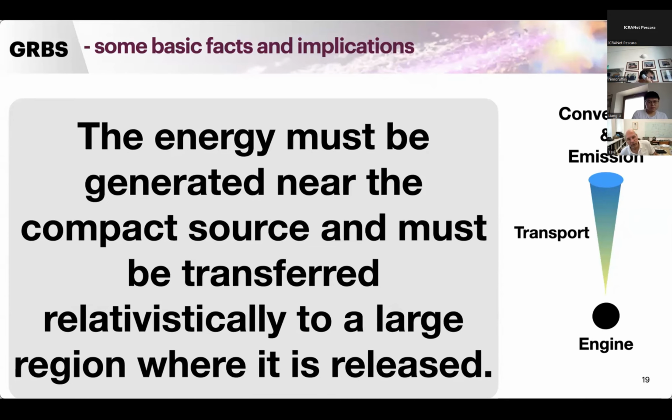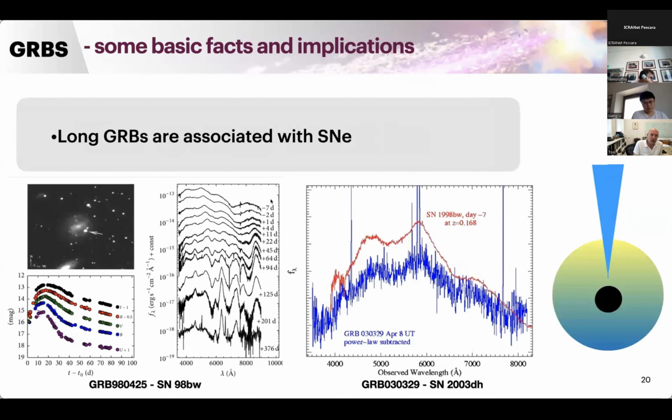So this is the basic idea, and now I want to focus on the implication of the fact that there is a jet that has to pass through a star. We know that long GRBs are associated with supernovae. There is some evidence. These are two historical events. In this case, the transport of energy is more complicated.